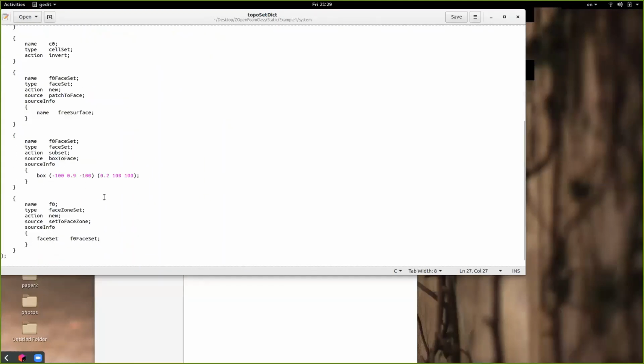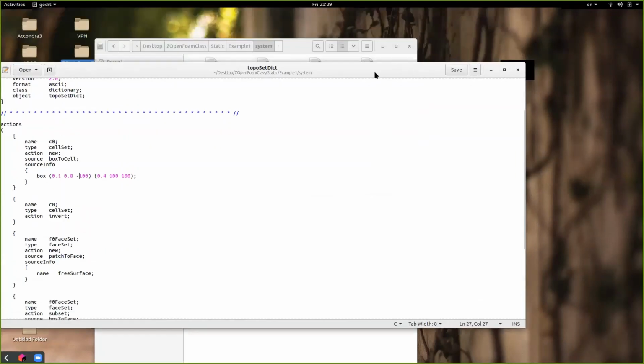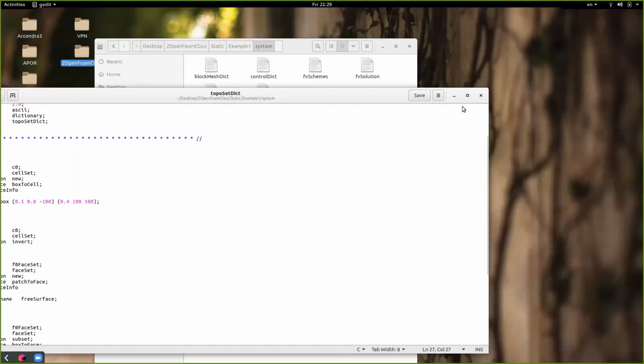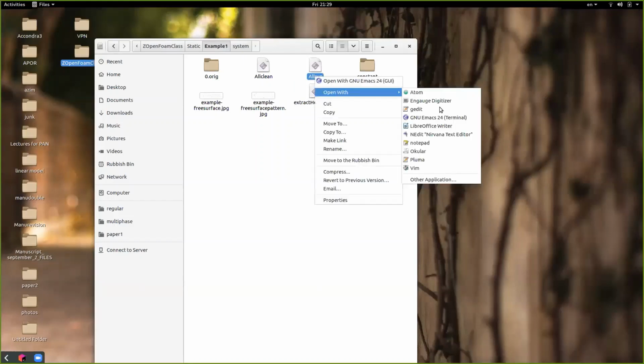This floating box is going to be replaced by the floating object. So the surfaces, the patches of this box, are going to be included in the floating object.